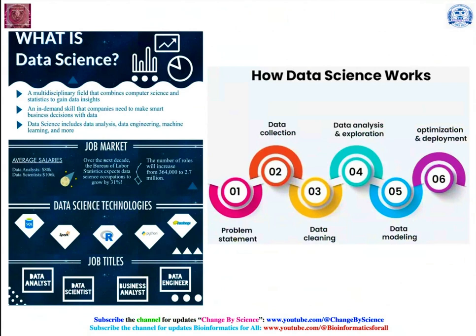Now, what are the job markets? First thing, if you are from a biology background, you have huge opportunities. You can work in academia where biological research is ongoing, or you can work in pharma companies, biotechnology companies, genomics companies, and high throughput sequencing or multi-omics data companies.